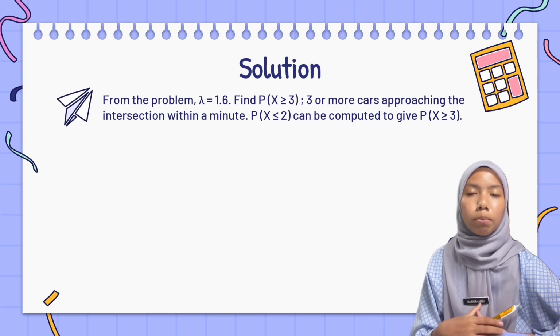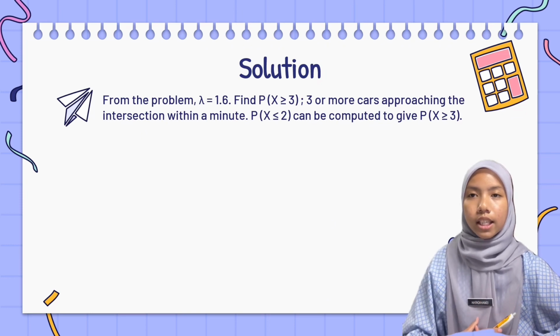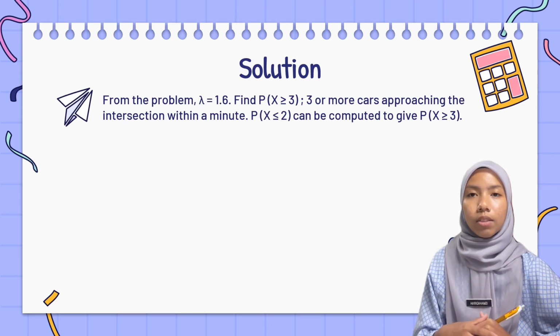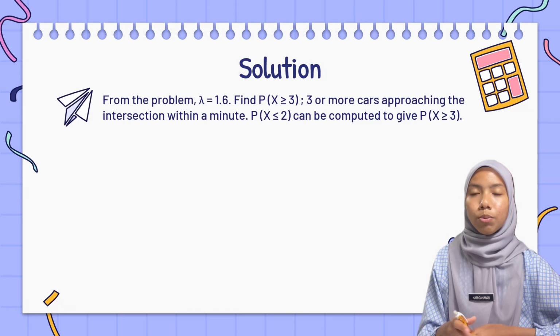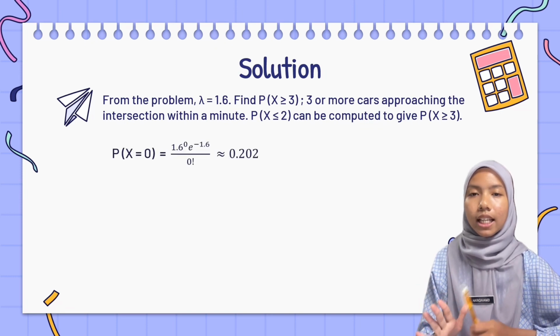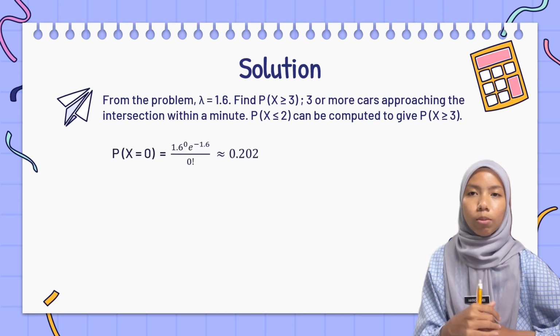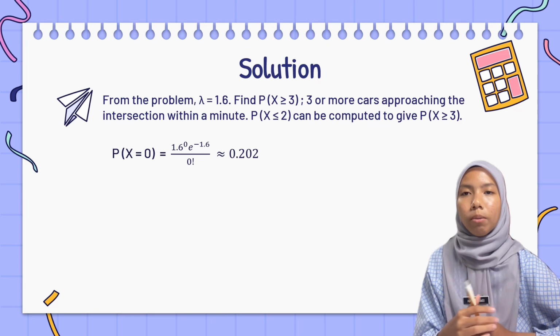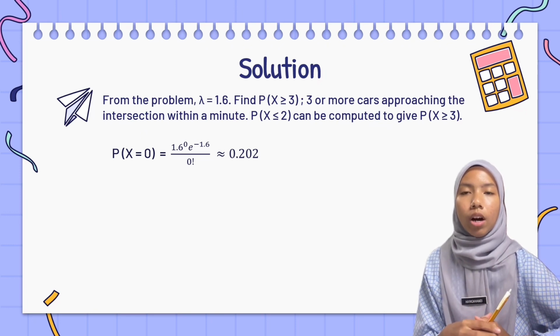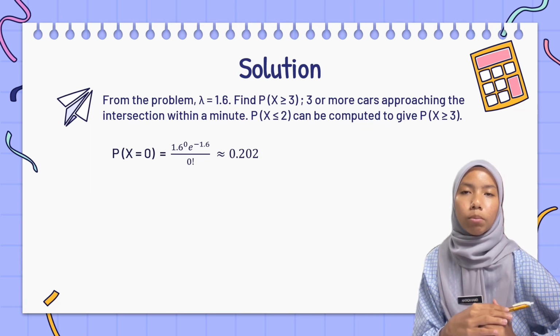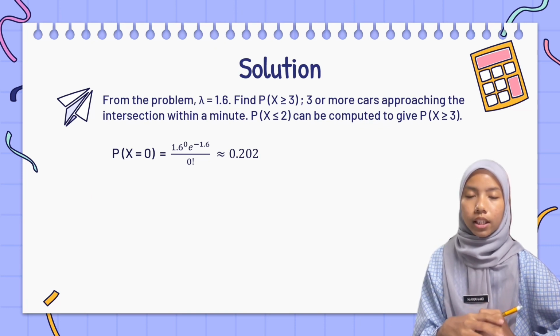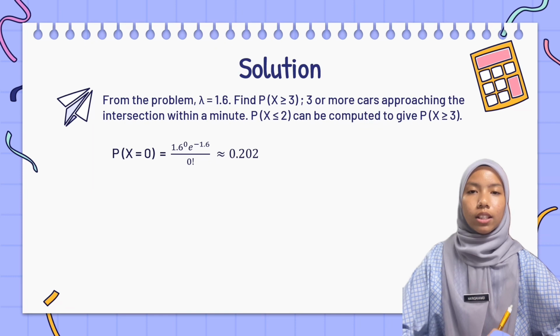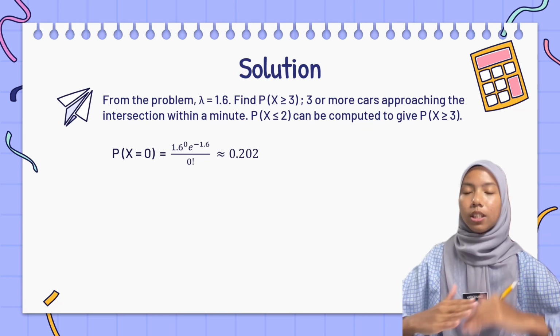So we can use the Poisson distribution formula, which is e to the power of negative lambda multiplied by lambda to the power of x over x factorial. First, we need to find P(X = 0) using the formula: 1.6 to the power of 0 multiplied by e to the power of negative 1.6 over 0 factorial, and we find it using the distribution table.